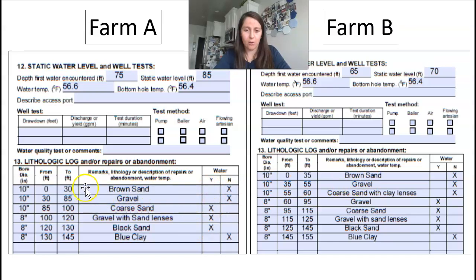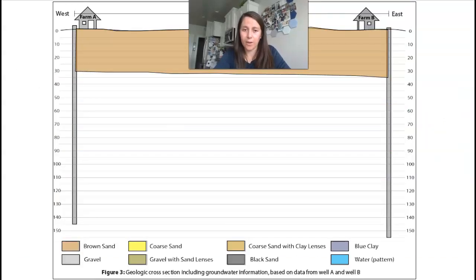The brown sand on farm A goes from 0 to 30 feet below, and then farm B from 0 to 35 feet below. So that looks something like this. Farm A to 30 feet below, farm B to 35, and we were able to correlate it, meaning carry it across that distance and match it kind of like that.